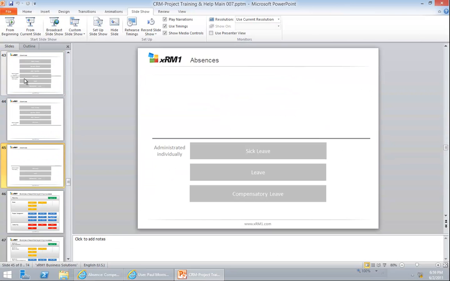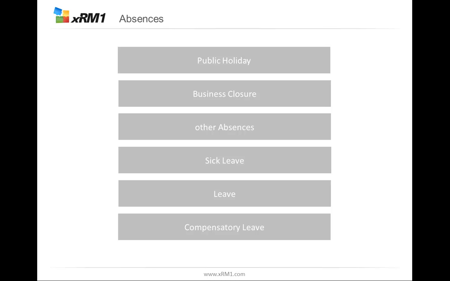So these are basically the absences you can create: public holidays, business closure, other absences, sick leave, leave and compensatory leave. And you can of course also have people's annual leave or remaining days for leave expiring administrated.